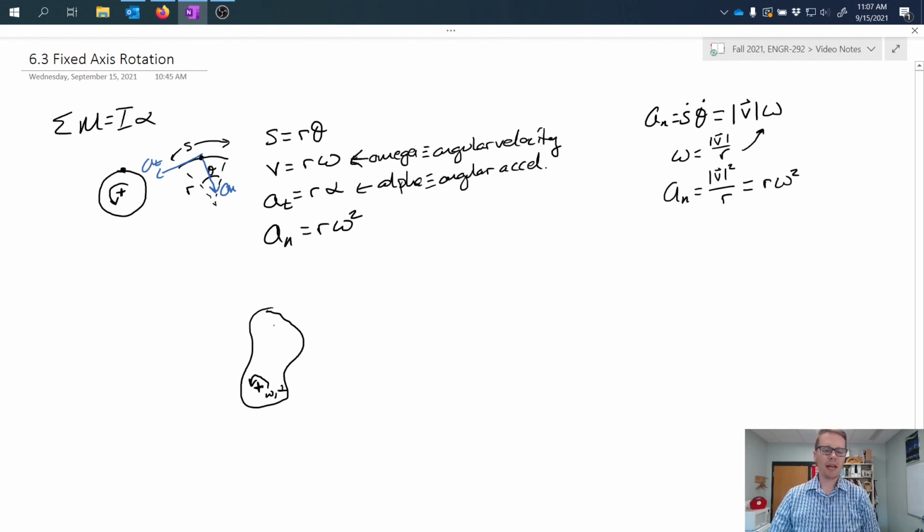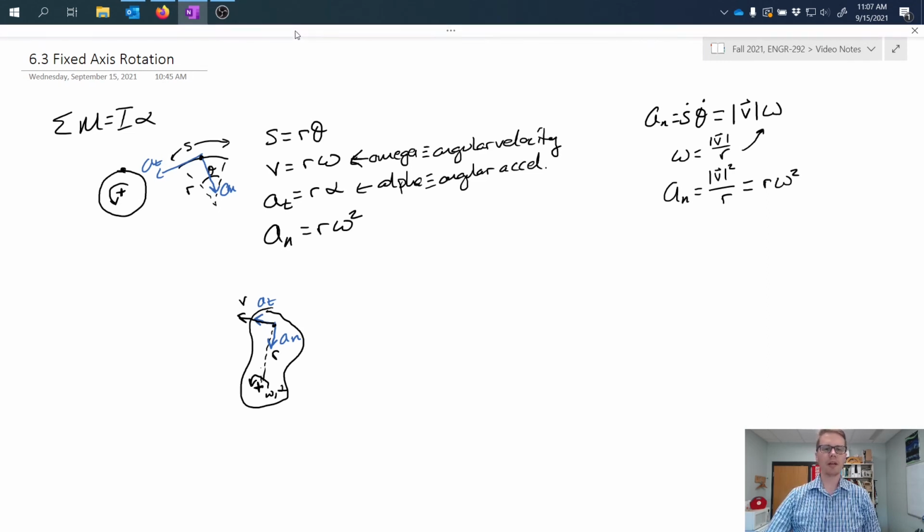Then I can look at any particle or any location on that rigid body, and if I can measure the distance between them, labeling that r, I can calculate my velocity vector. I'll give a different color here. I can calculate my tangential acceleration, and I can express my normal acceleration. All of those things are applicable to any location on this rigid body, as long as I can define its location relative to that axis of rotation.